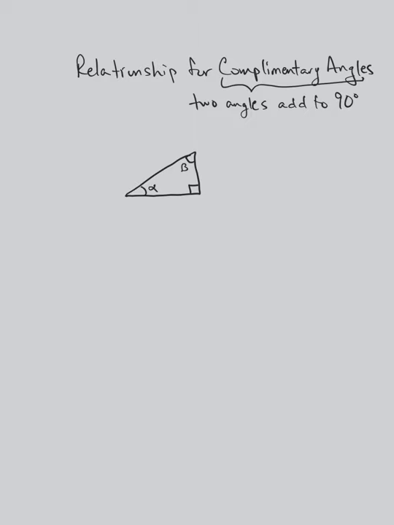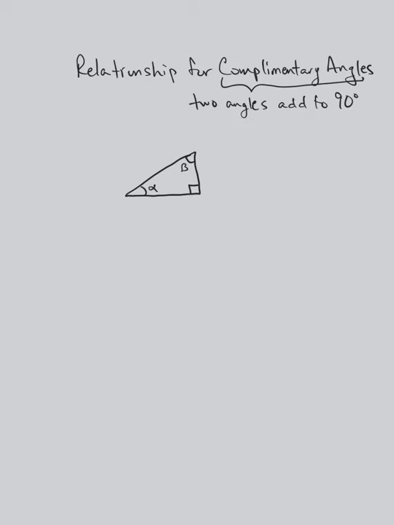What I'm going to do is make a copy of it, and you'll see why in just a moment. So don't worry too much about that copy right now. But let's think about this. Remember that the 3 angles in a triangle have to add up to 180 degrees.